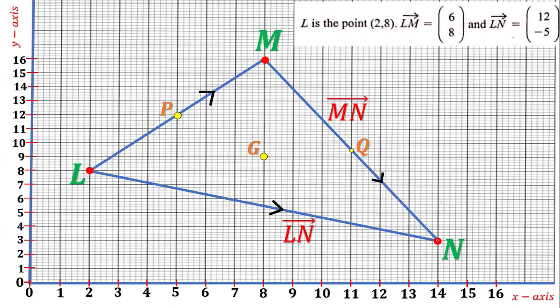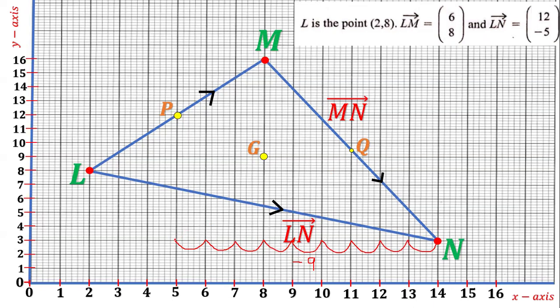So let's go here. This is going to be 1, 2, 3, 4, 5, 6, 7, 8, 9. So that means that we are going to move 9 times left, and so that's going to be -9 for the X component.